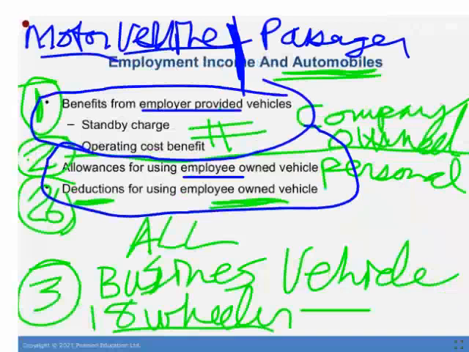Now, for an employee, deductions are pretty limited. We will look at that in Chapter 3, what deductions you could claim, but it's very limited for an employee. Once you get to self-employed, it opens up a much wider window for expenses to be deducted. So deduction just means reducing your income.